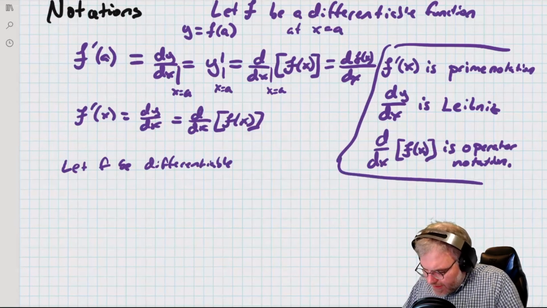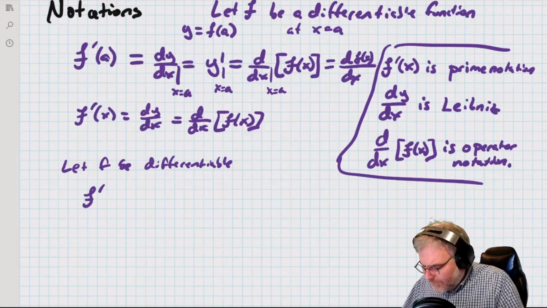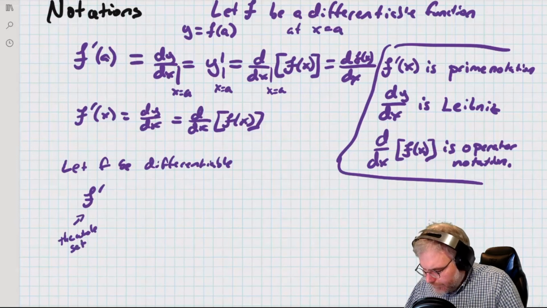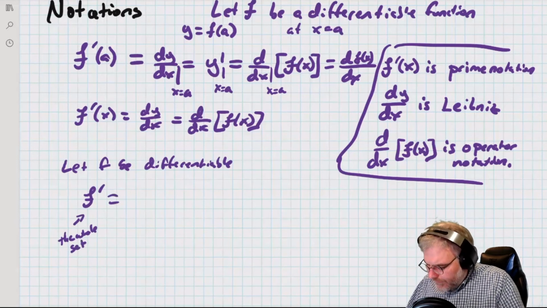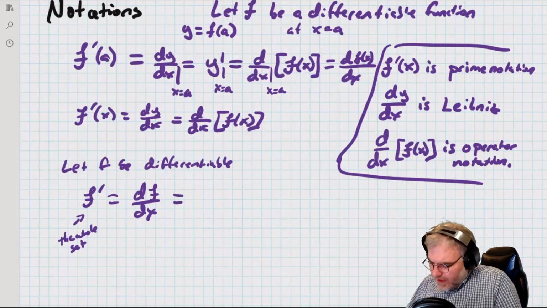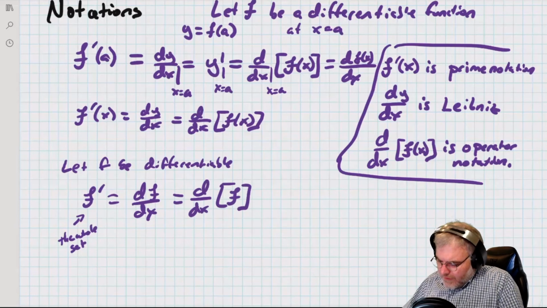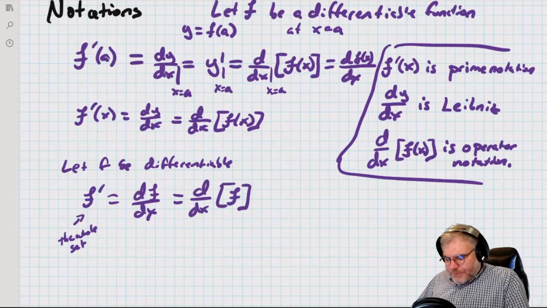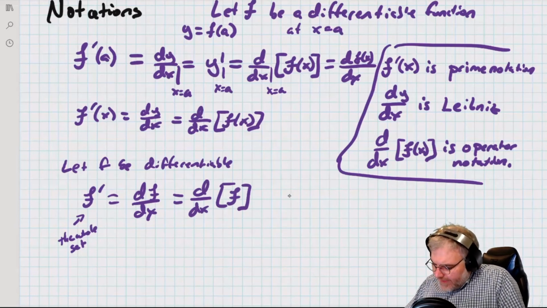You also see f prime. And remember, f is a set, so f prime is actually the whole function, equals df over dx, which is different than dy over dx, equals d over dx of f. Now, these are the whole set.